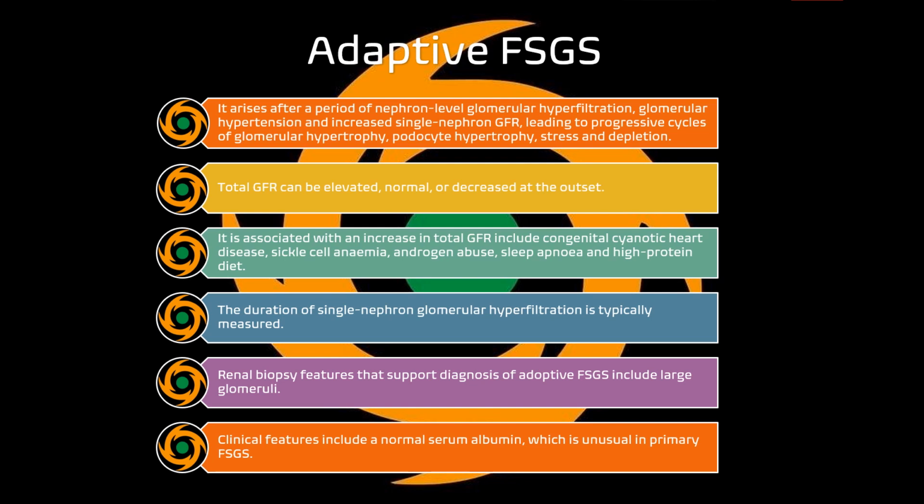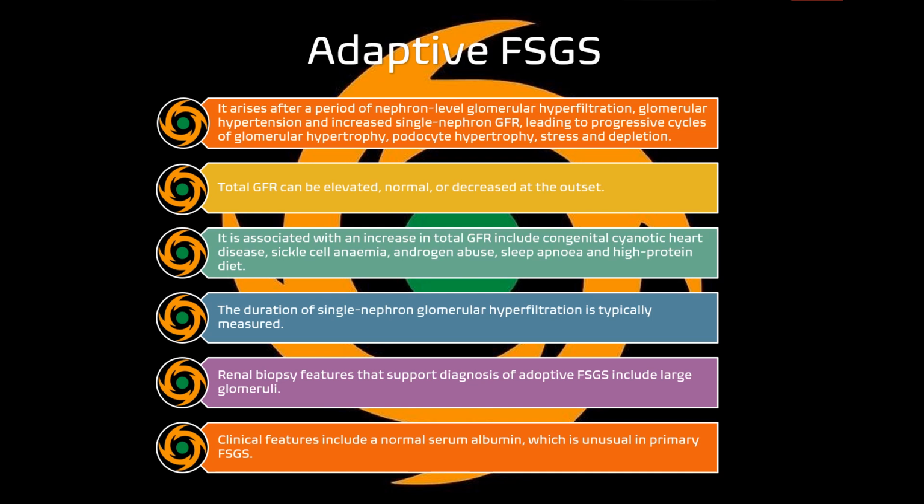Adaptive FSGS is also associated with an increased total GFR, including wherein, for example, there can be congenital cyanotic heart disease involvement. There can be sickle cell anemia that disguises the symptoms of FSGS.